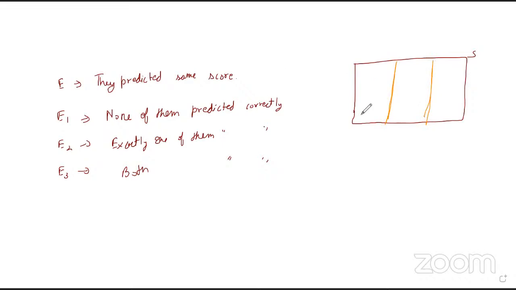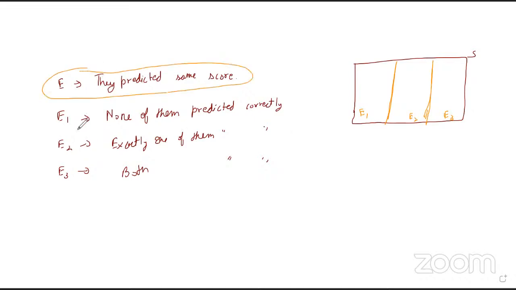Sir, in E1, E2 and E3 you have mentioned correctly or incorrectly, but in event E you haven't mentioned anything. E is different, it is given to us.